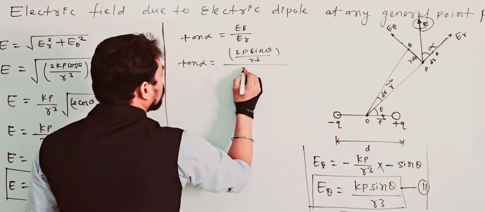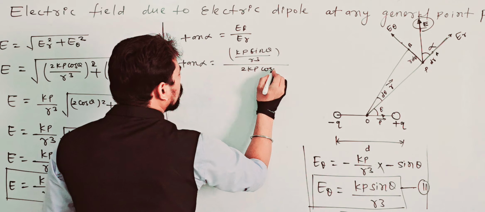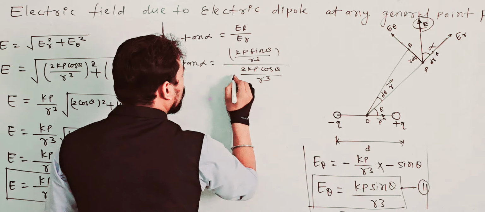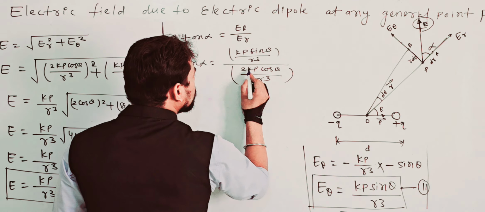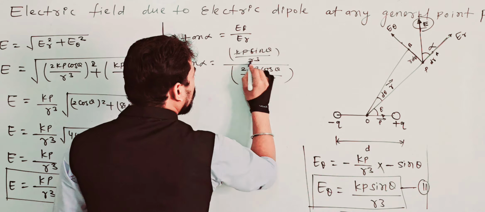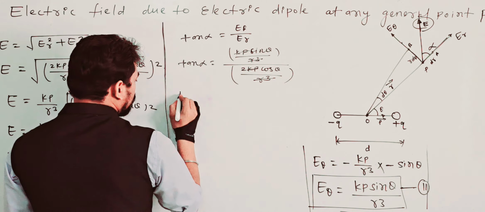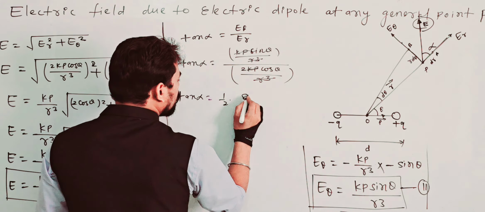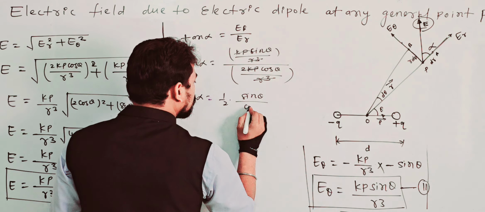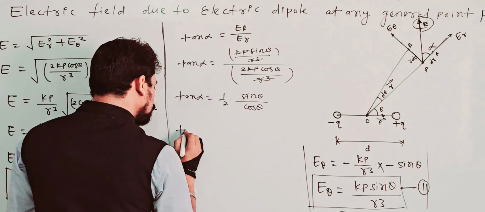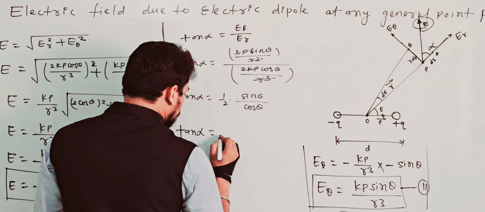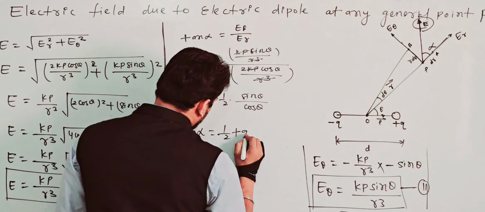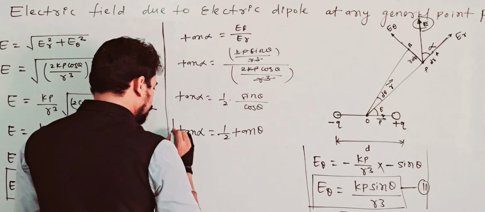What is Er? That is 2 kp cos theta by r cube. So tan alpha equals 1 by 2 sin theta by cos theta. So students, you can write tan alpha equals 1 by 2 tan theta.